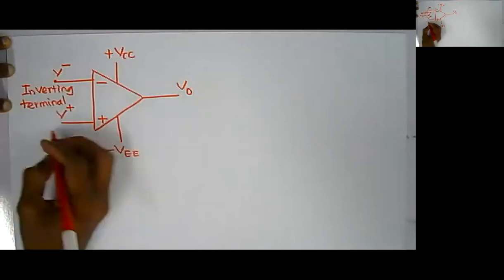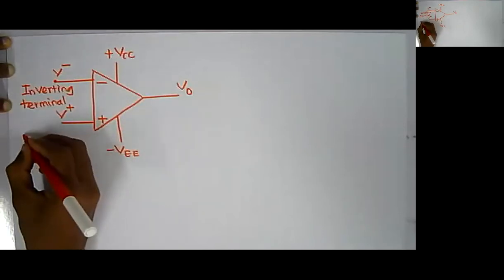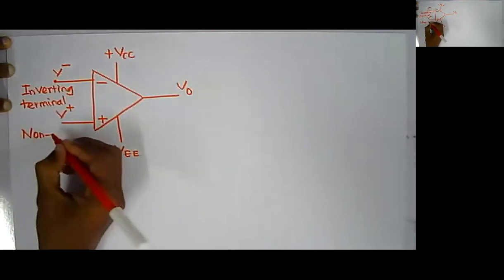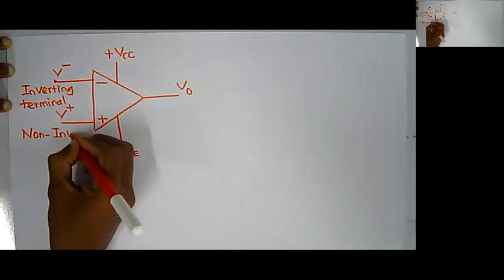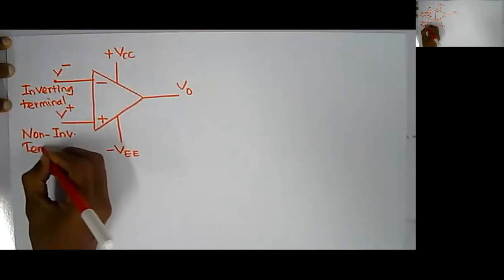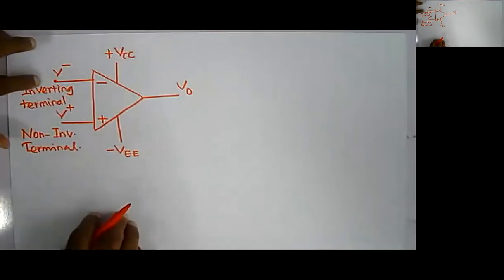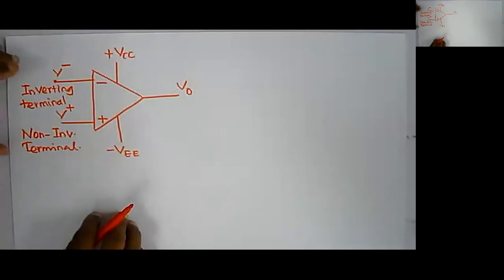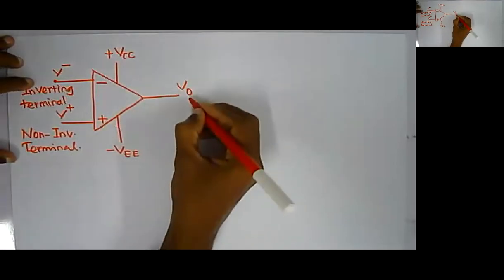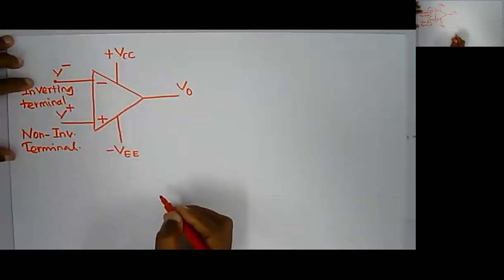This is called the inverting terminal, and V plus is called the non-inverting terminal. And then we have the output voltage.